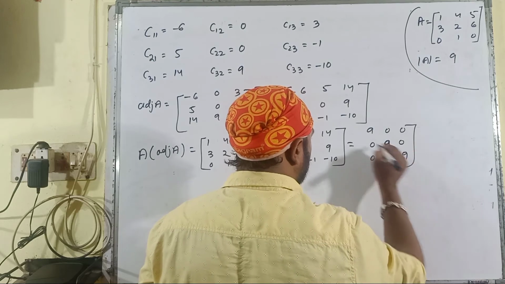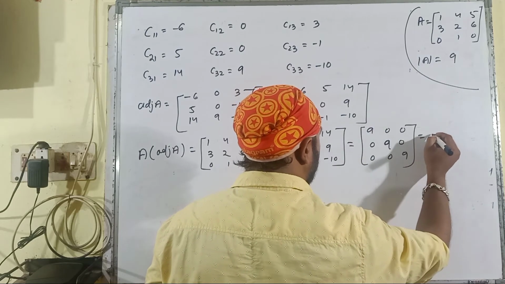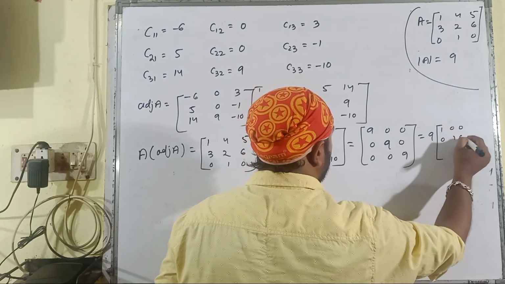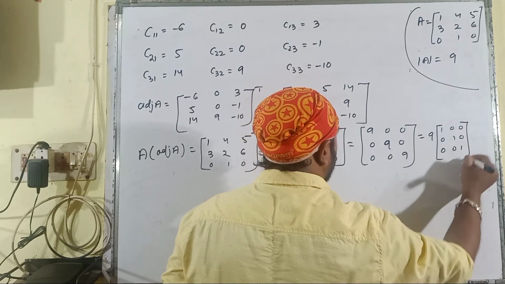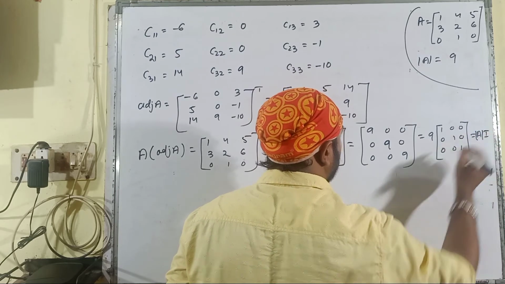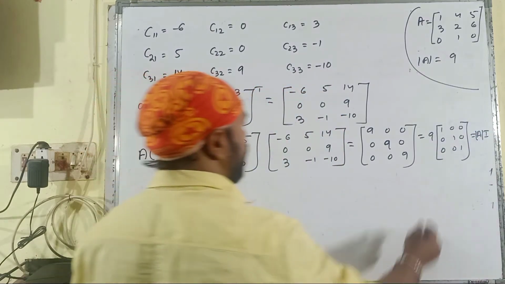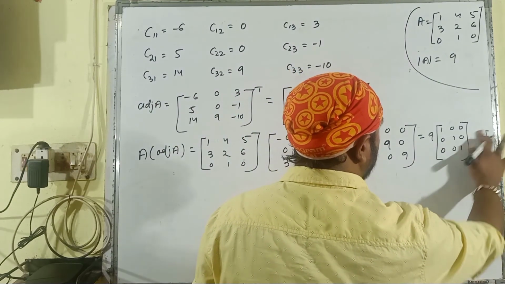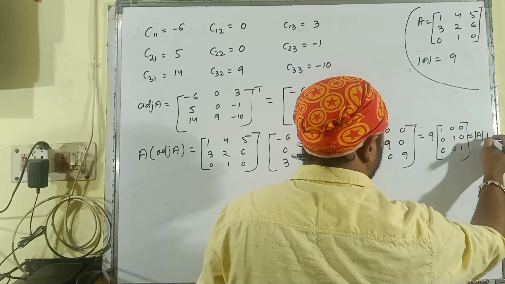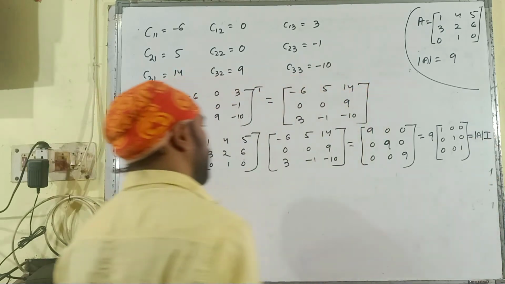I am writing it here because I have done it earlier. So it will be 9 multiplied with [1, 0, 0; 0, 1, 0; 0, 0, 1], and it is none other than the determinant of A multiplied with the identity matrix I.